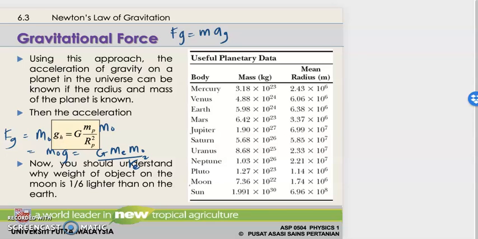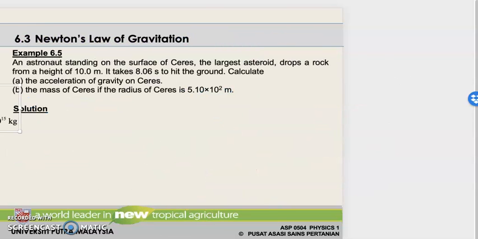Okay, so next question. An astronaut standing on the surface of Ceres, I don't know how to pronounce this, the largest asteroid, drops a rock from a height of 10 meters. So he's on a large asteroid and he drops a rock from 10 meter height.